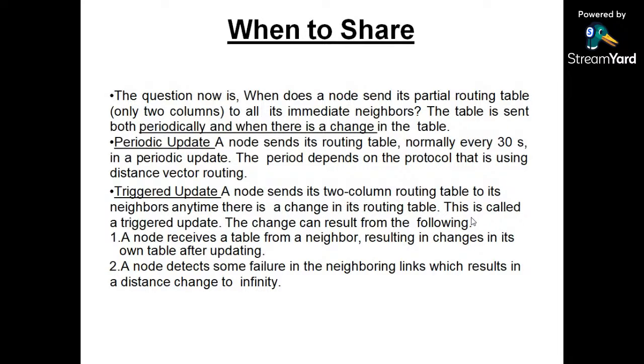A change can result in the following ways. First, a node receives a table from a neighbor, resulting in changes in its own table after updating. Second, a node detects some failure in the neighboring links, which results in a distance change to infinity.